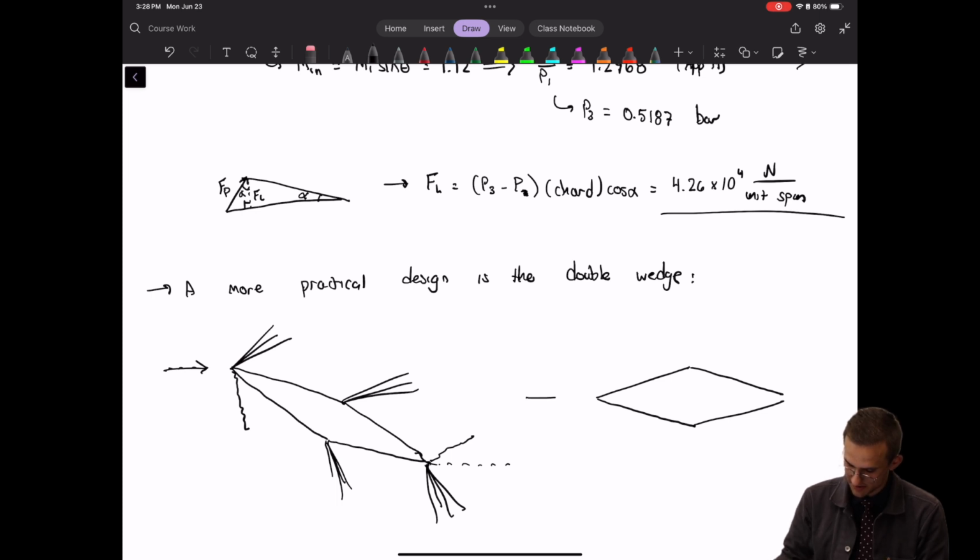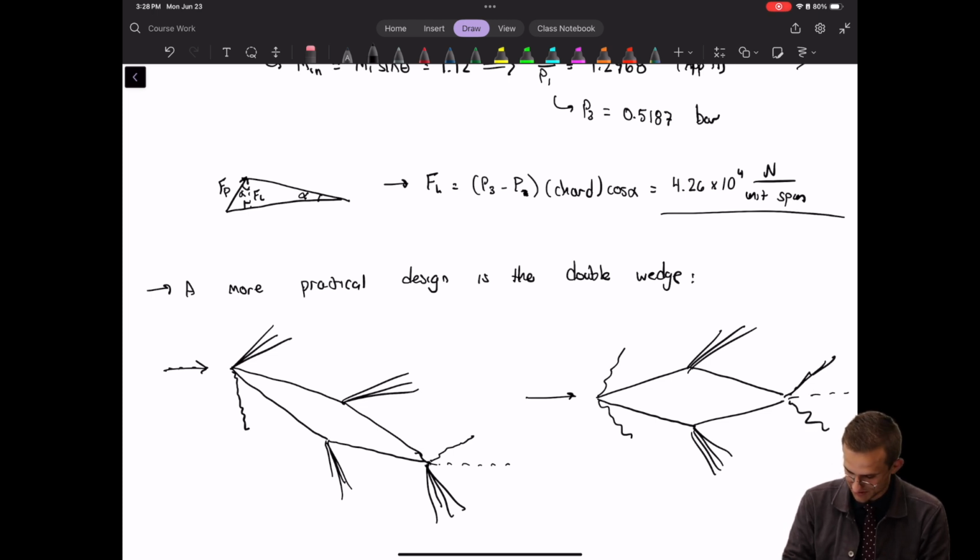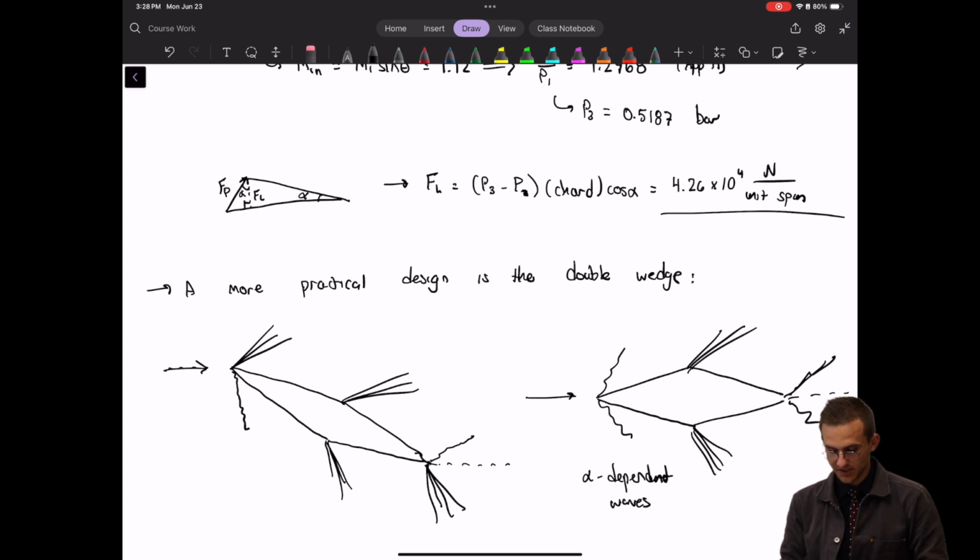Flows like this direction, but you actually have an oblique shock on the top and bottom, then 2 expansion waves, and then another 2 oblique shocks on the trailing edge. So I just say they're alpha dependent waves, and that is just a matter of it depends on your angle of attack.